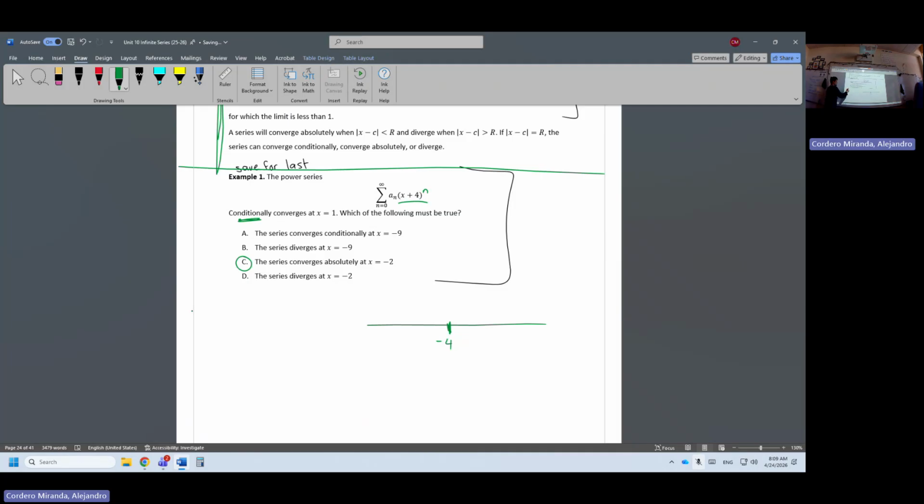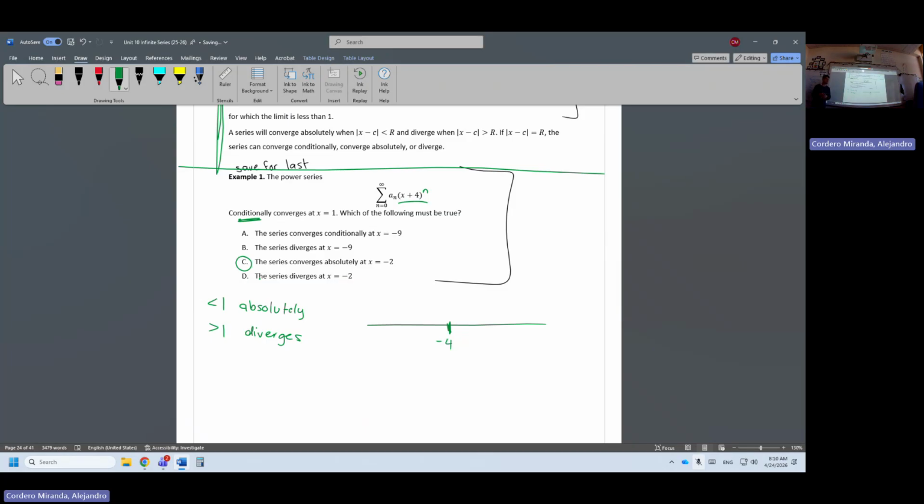Ratio test says if the limit had been less than 1, then it would converge absolutely. This is me very quickly summarizing it. If it's greater than 1, then it diverges. So the only chance it has of converging conditionally is on the endpoints, like when the limit is exactly equal to 1, which is what the endpoints are.